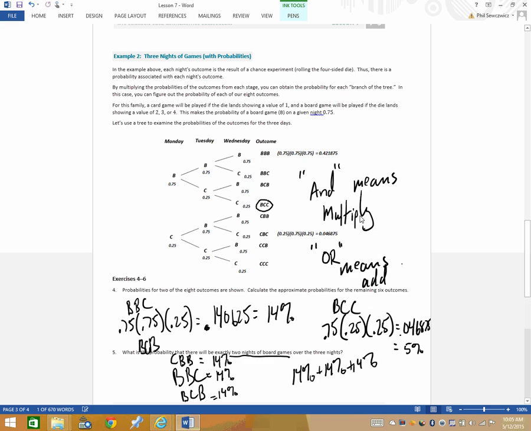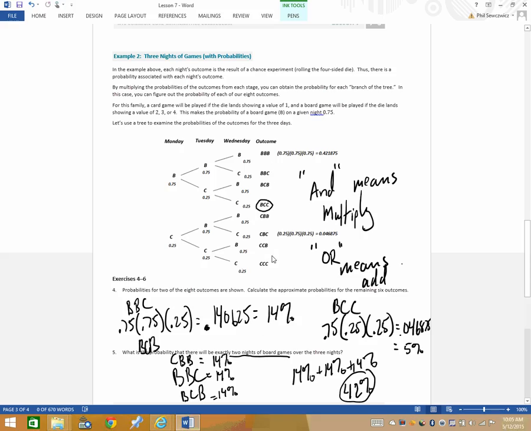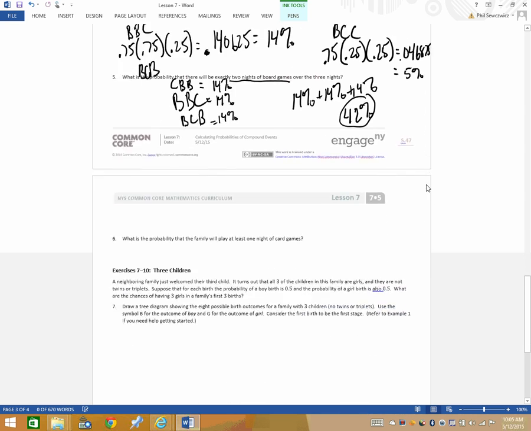We'll add those all up together, and you should end up getting 42%. So there's a 42% chance that we're going to get exactly 2 nights of board games. Now, again, this is the part we have to watch for. I want this to happen, and this, and this. That's why we're multiplying to get to our 14%. But I'm asking for this could happen, or this could happen, or this could happen, which is why we end up adding them together.